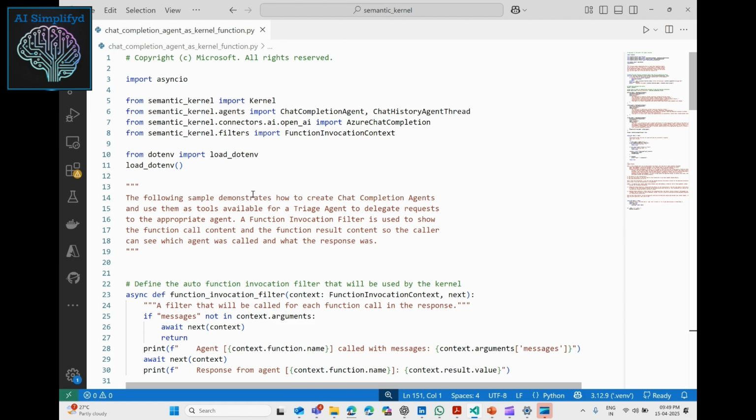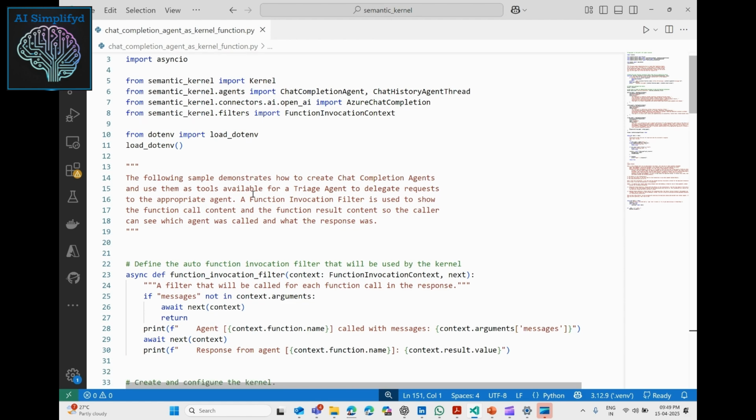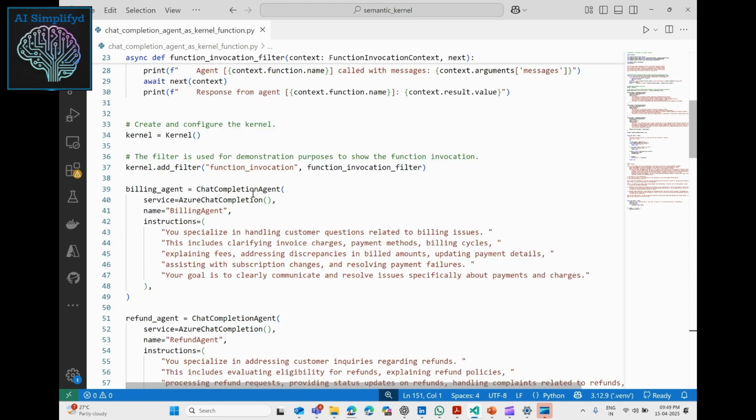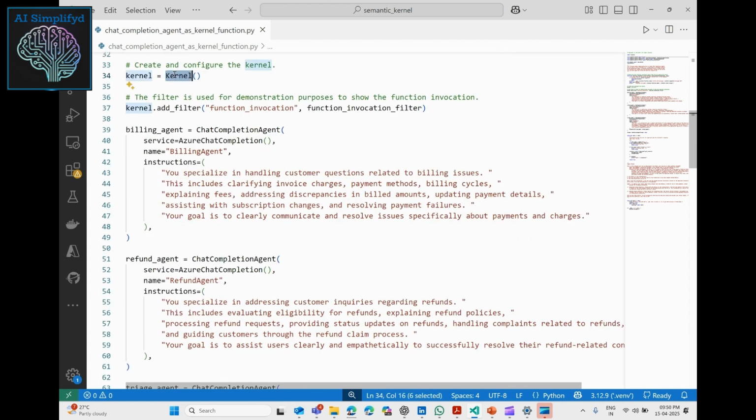So I installed the required libraries and loaded the environment variables. And as you can see, the kernel is defined. To this kernel, I'm now configuring a billing agent. This billing agent handles issues with respect to billing queries, and the instructions have been given to the billing agent.